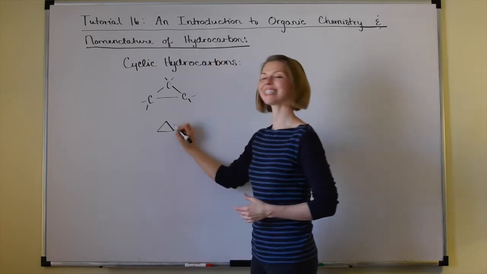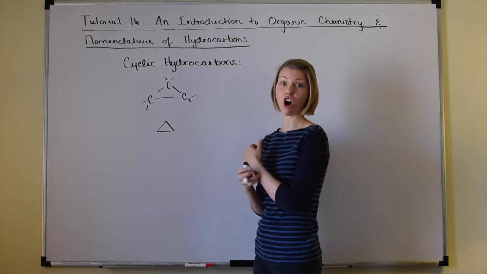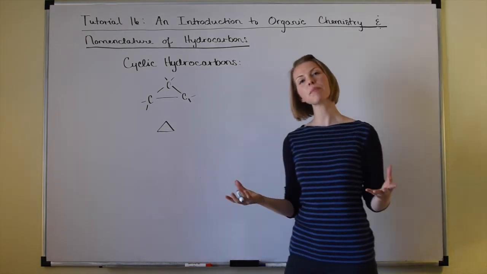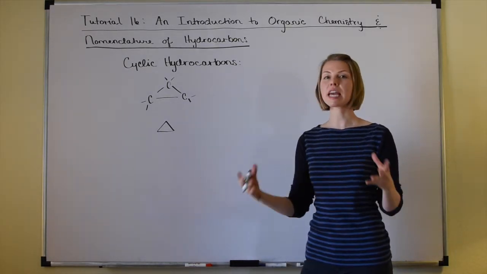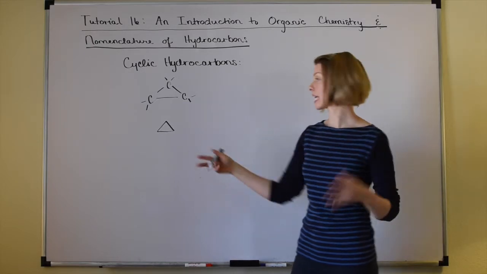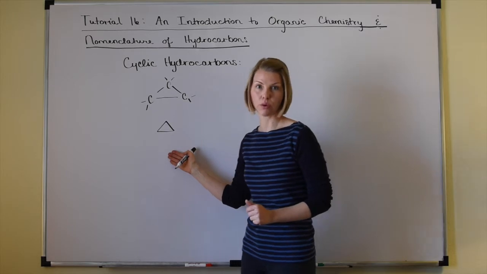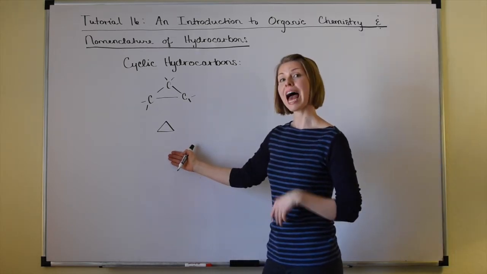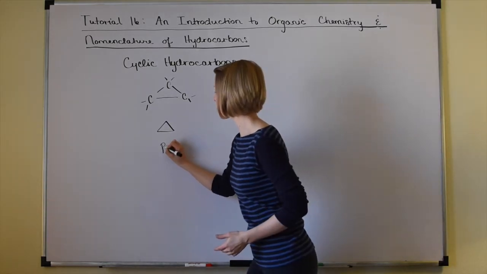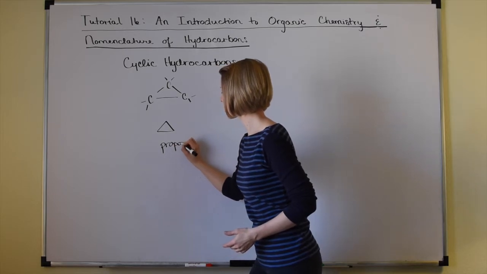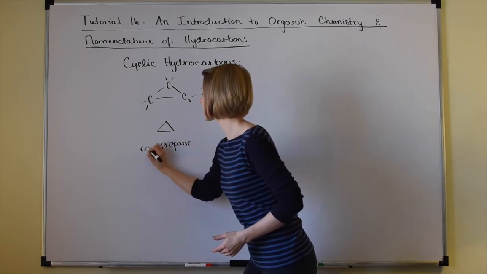Remember, every point is a carbon and then the hydrogens are assumed. And to name a cyclic structure, you just take the regular name, in this case the alkane, and you tack on the prefix cyclo. So for a 3-carbon alkane, we have the name propane. So we would call this cyclopropane.